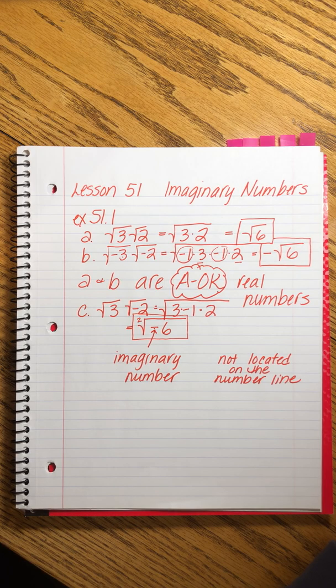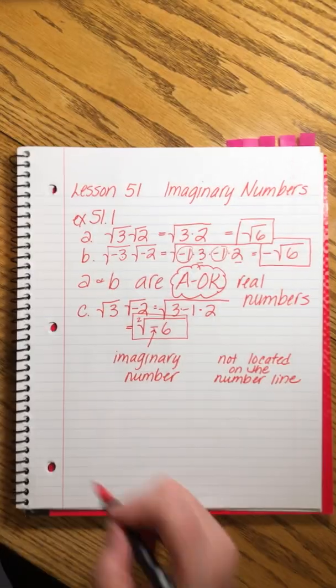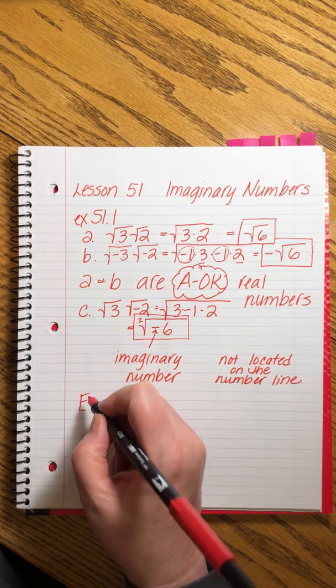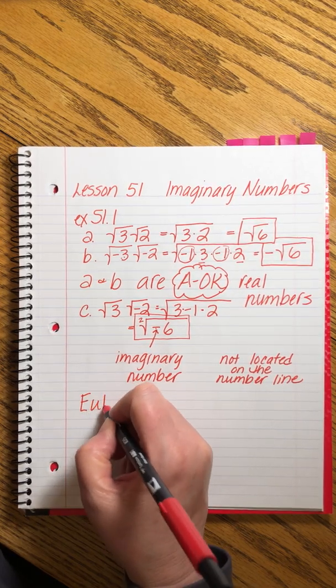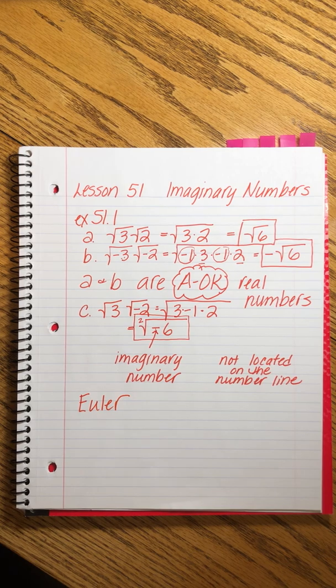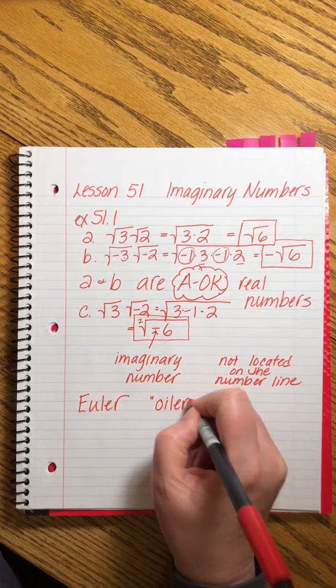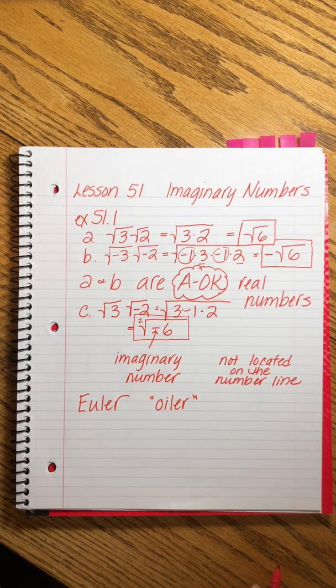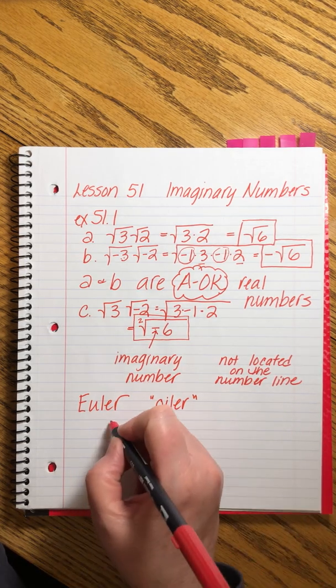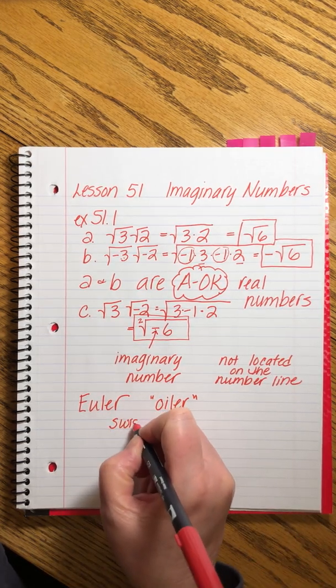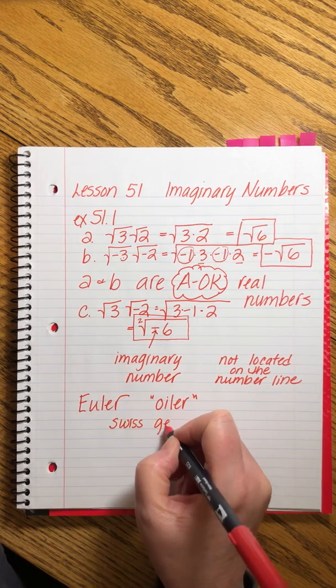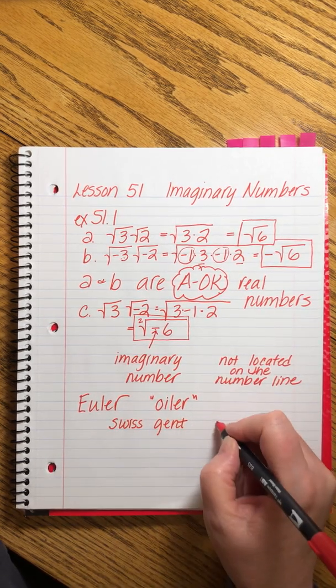Now, I want to tell you about a man named Euler who spells his name in a quite remarkable way. It's spelled like that, but it's spoken like this, like Euler, right? He was a Swiss gent from Switzerland, and he lived in the 1700s.